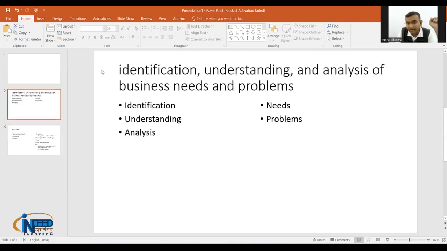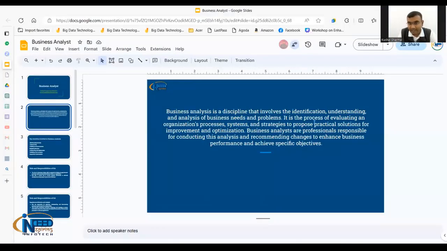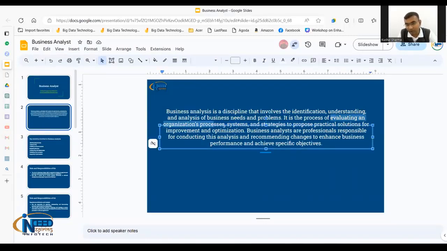So identification, understanding, and analyzing: the way I'm explaining is involving analysis also. The next point I highlighted is to evaluate organizations' processes, systems, strategies to propose practical solutions for improvement and optimization.